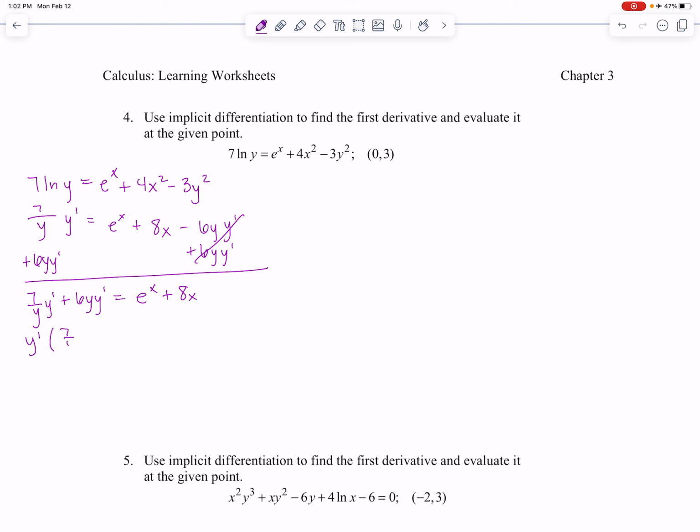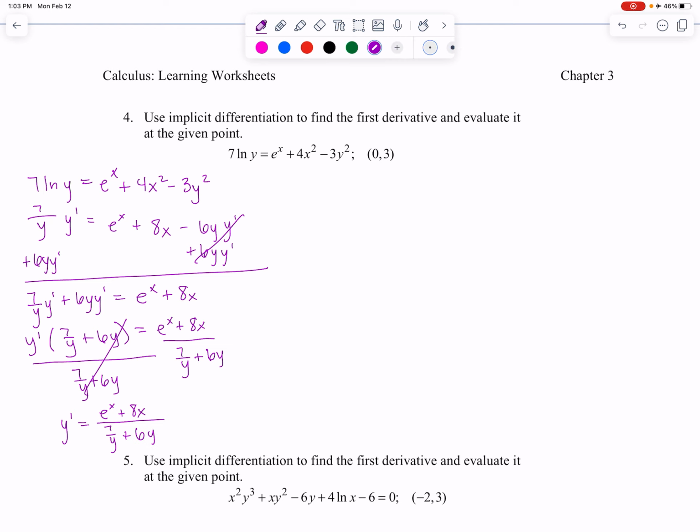So we have 7 over y plus 6y equals e to the x plus 8x. And now we can divide that away. Y prime is e to the x plus 8x over 7 over y plus 6y.